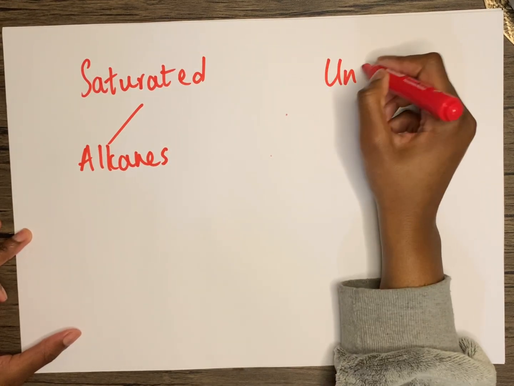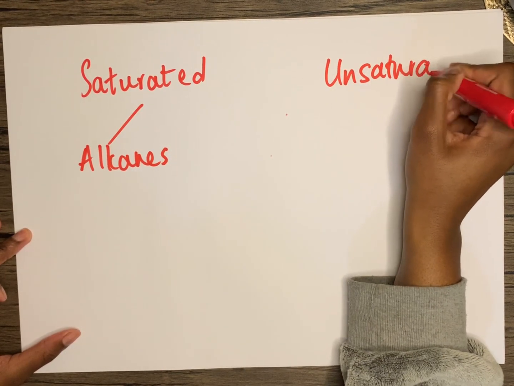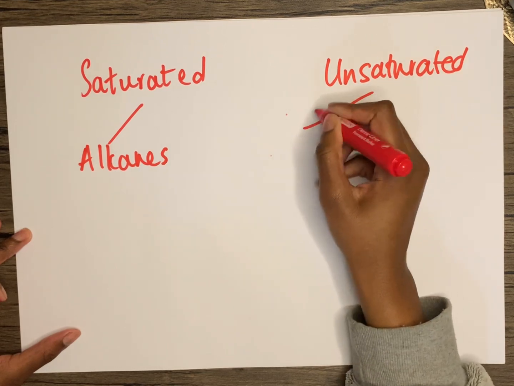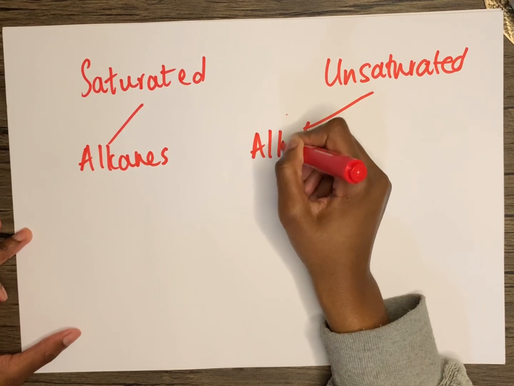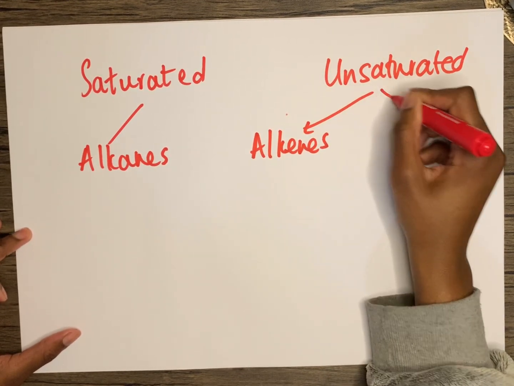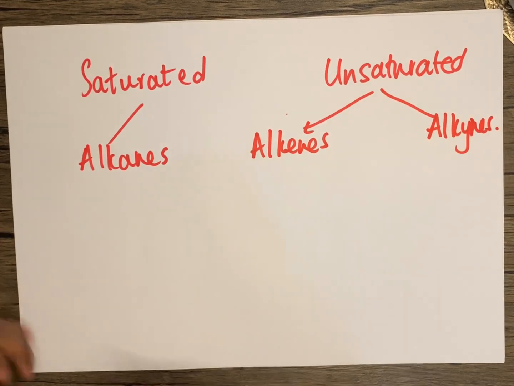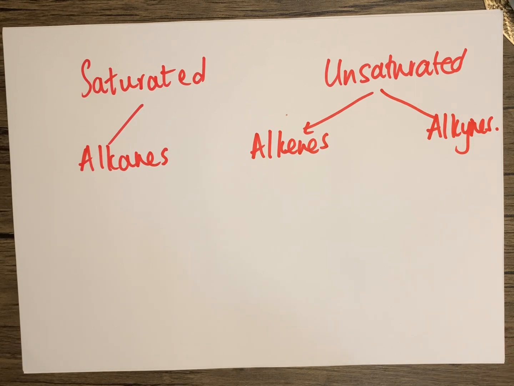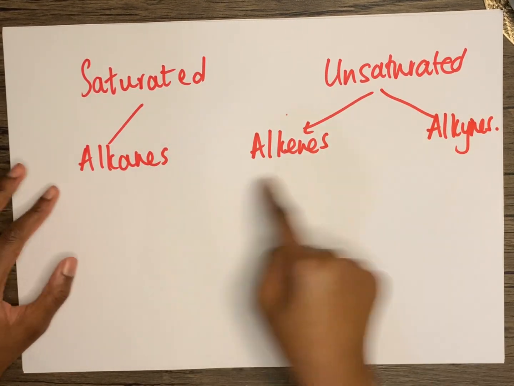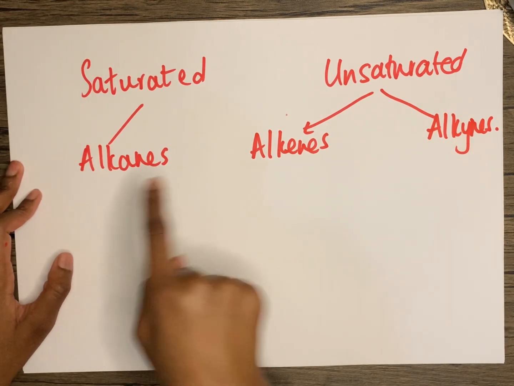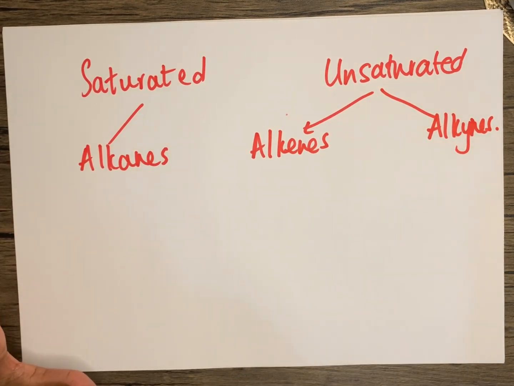And for the unsaturated hydrocarbons, we can have what we call alkenes and alkynes, right? So now this we call a homologous series, the name that is given to a certain type of organic compounds, right?